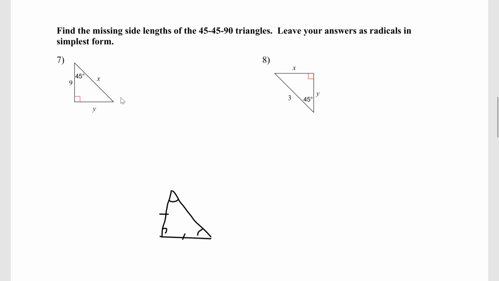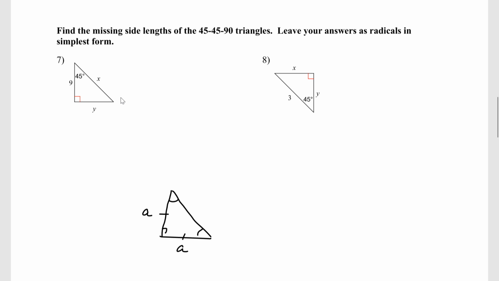Okay, so 45, 45 means that they have the same angle measure. And remember we said that the side measures will correspond because they'll have the same measure as each other. So really our side lengths, our legs, are going to be equal to each other.